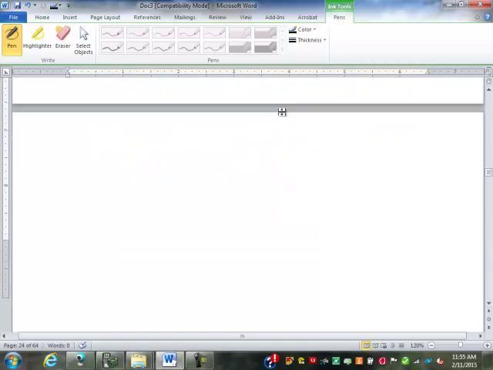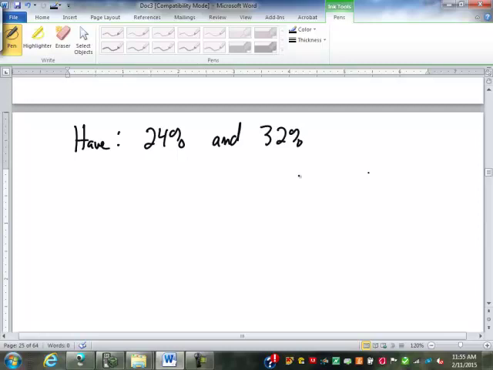Now another side of this we might have: say we have a 24% solution and a 32% solution. We need 720 milliliters of a 26% solution.